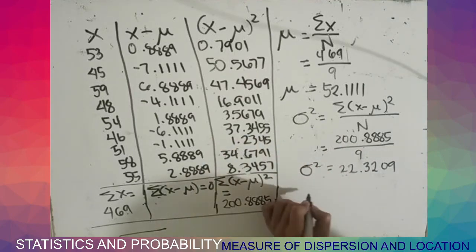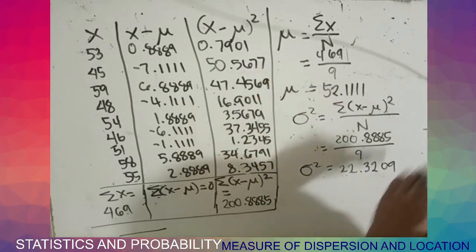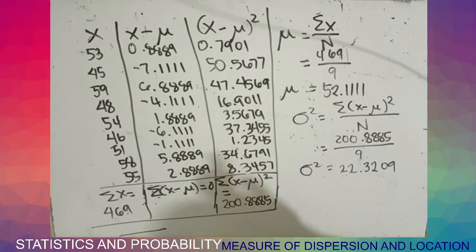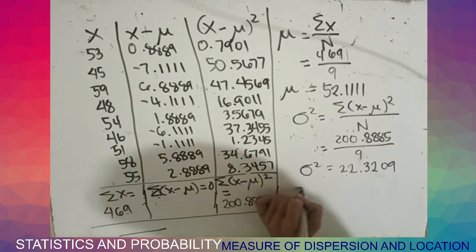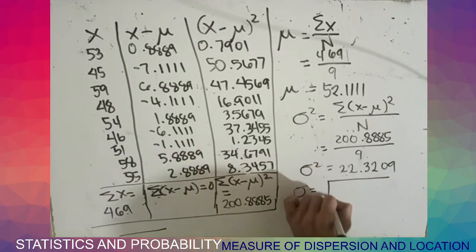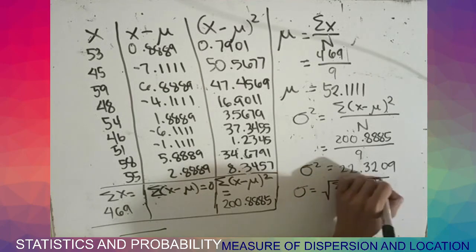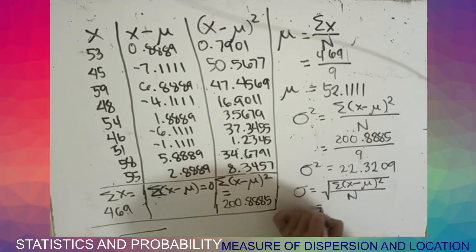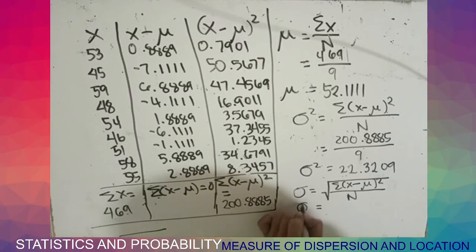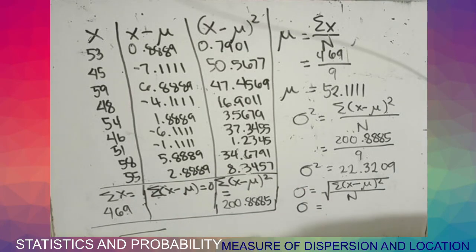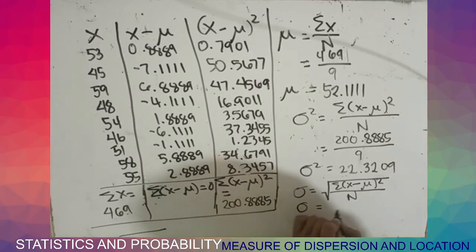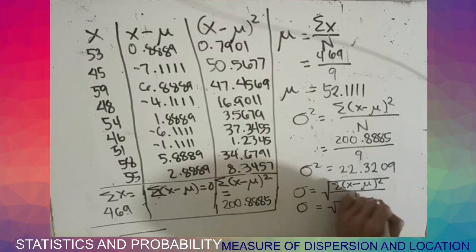Okay, next. So, ito ay yung una nating ginawa is yung ating population variance. Next is the population standard deviation. So, square root lang natin yung sagot natin kanina. So, kopyahin ko lang yung formula. So, square root of 22.3209.